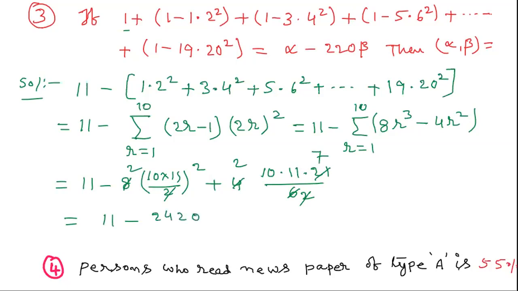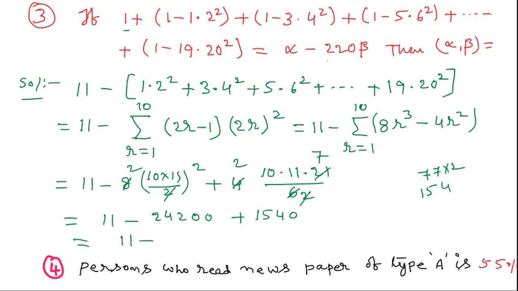It is 242, 200. 24200 plus here 20 into 77. 77 twos are how much? 77 into 2. 2 sevens are 14, 14, 50, 154. 1540. Now calculate this. Overall, you will get 11 minus.